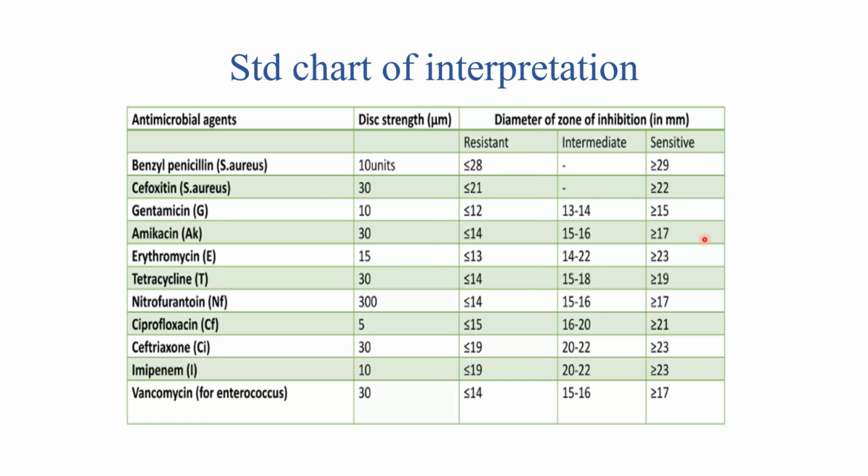If you are getting the zone diameter greater than 17, we will conclude that the particular organism is sensitive to this drug. That means whatever zone diameter we are getting, we will compare with the standard chart of interpretation, and we will give the result as whether the organism is resistant, intermediate, or sensitive to that particular drug.